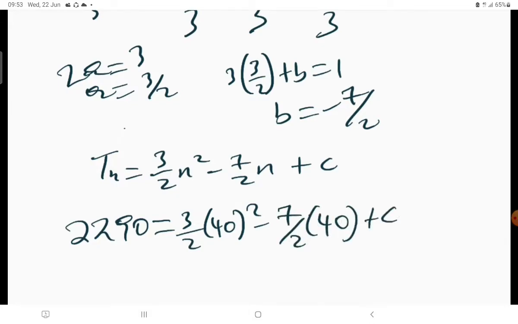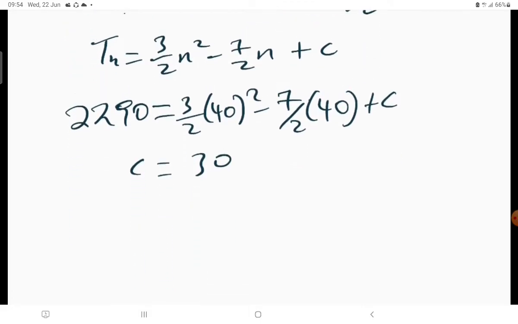Then we are to find C now. Let's put all this into our calculator: 2290 minus 3 over 2 times 40 squared, then plus 7 over 2 times 40, and we get C is equal to 30.